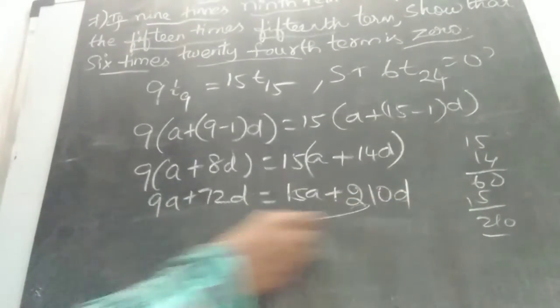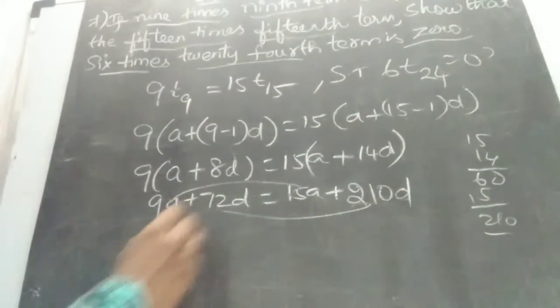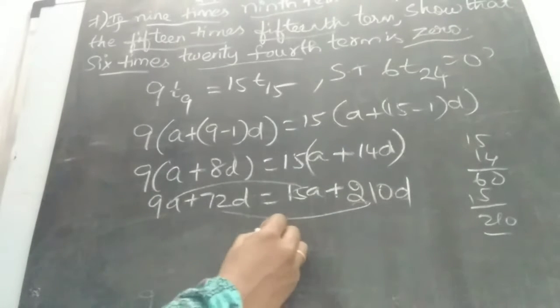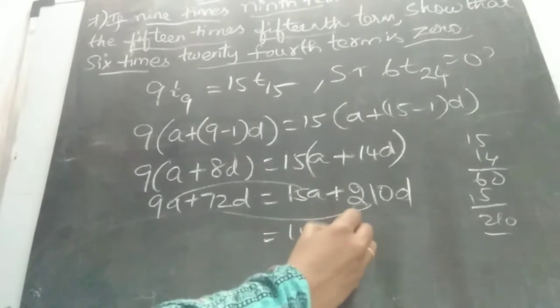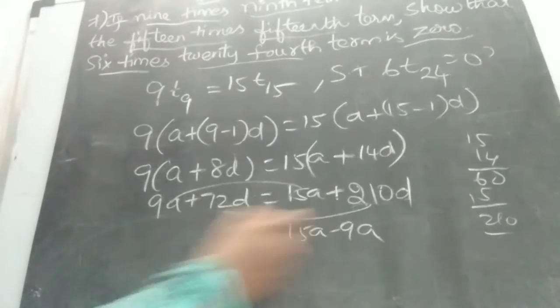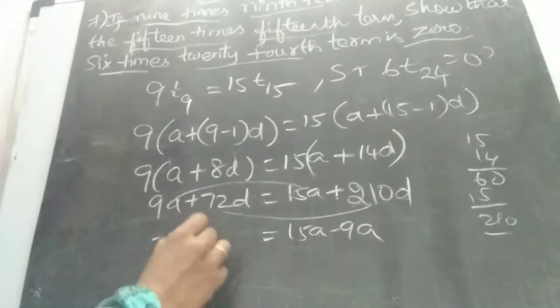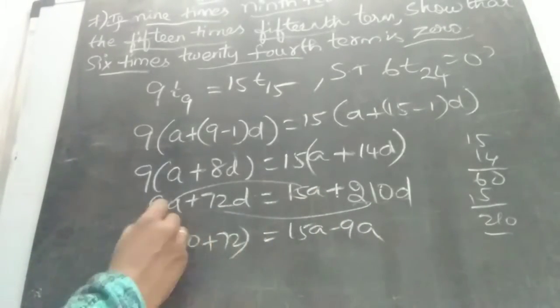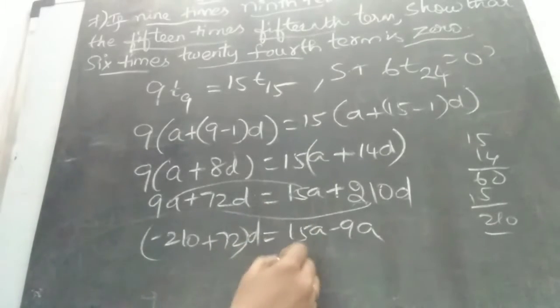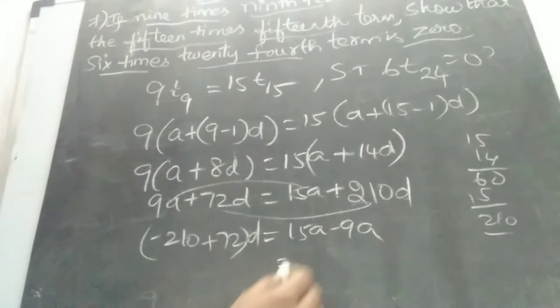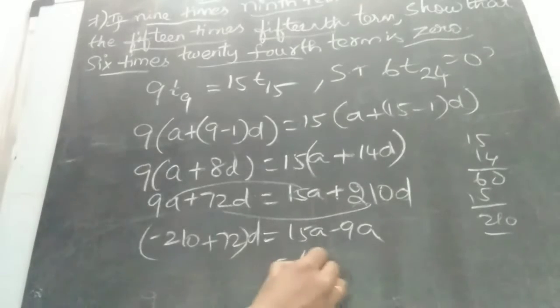Now club all the D on one side and A on the other side. So 9A, take it to the other side: 15 minus 9 gives the A term, and 210 minus 72 gives the D term. Here 15 minus 9 is 6 times A.